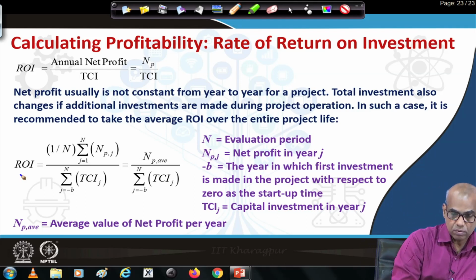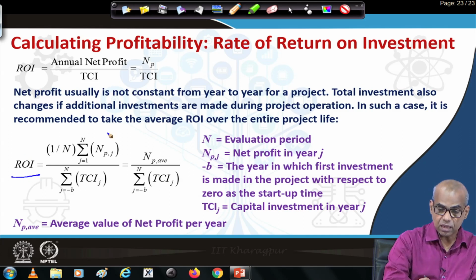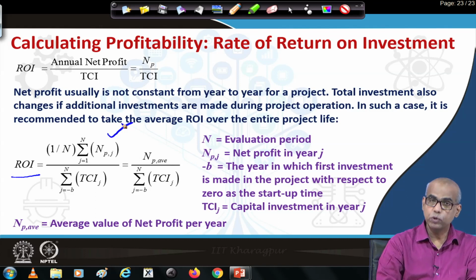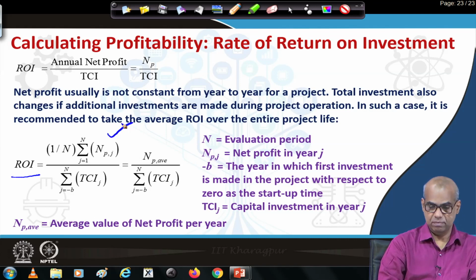So, rate of return on investment is the average annual net profit. What we do is we sum up the annual net profit from year 1 to year n, where n is the evaluation period, and then divide that quantity by n.